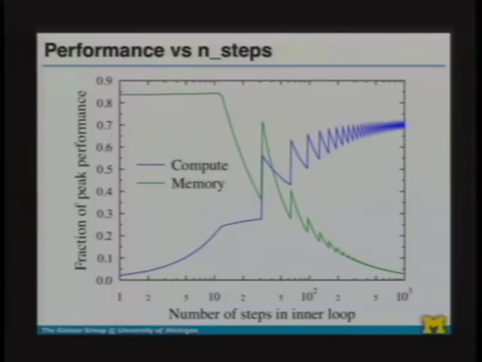When I'm only performing one iteration between reading the string in and writing the string out, that's a lot of memory operations with only, say, of the order of 10 floating point operations in between. I'm hitting 85% of the peak memory bandwidth capabilities of the device without even really trying.